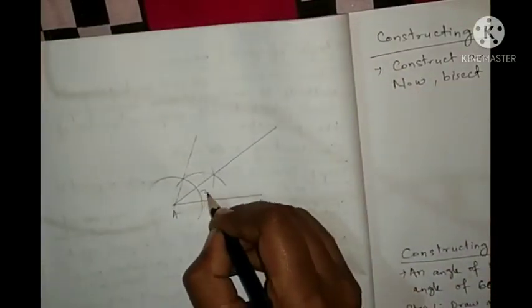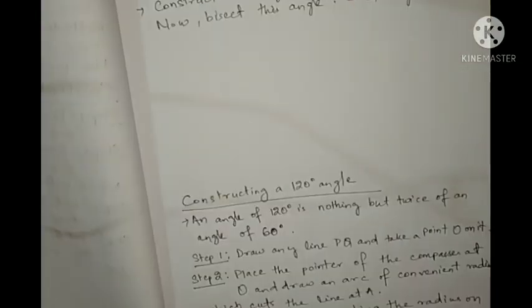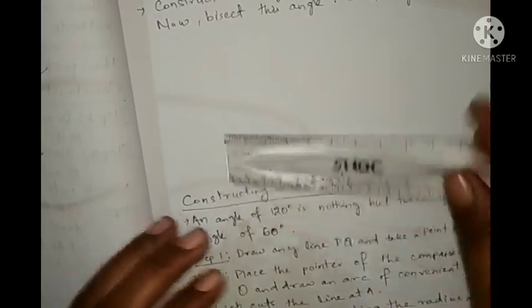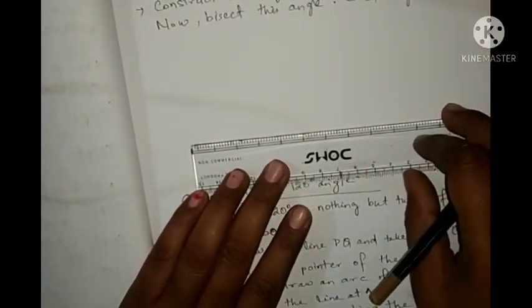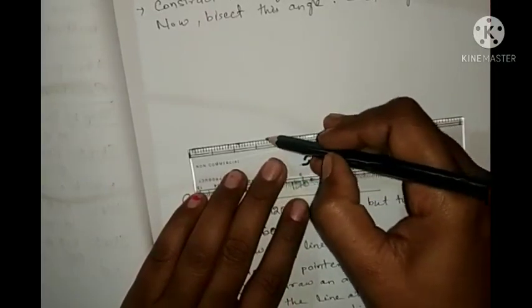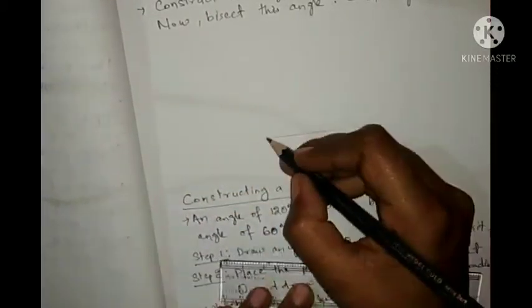So this angle is how much? 30 degree. 30 degree is the half of 60 degree, so we have bisected the angle. Now we'll make 120 degree.